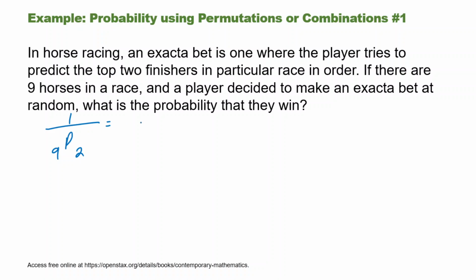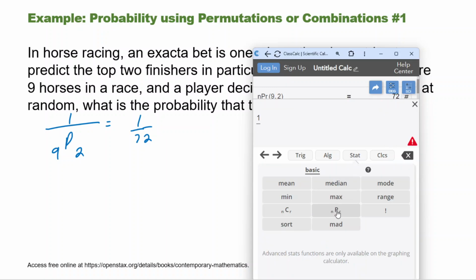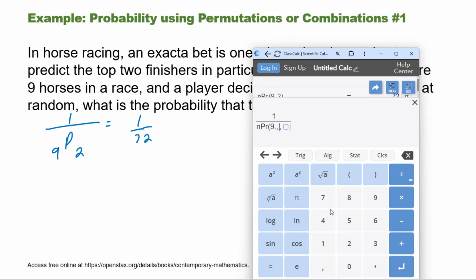So this probability will be 1 out of 72. Now, if you don't want to do this one piece at a time, in order to get a fraction answer, you would type in 1 divided by stat nPr 9, 2. And if you notice, I get a decimal, 0.013 and then 8 repeating. And if I choose the number symbol here to change this to a fraction, then I get 1 out of 72. Same answer, which was the goal.